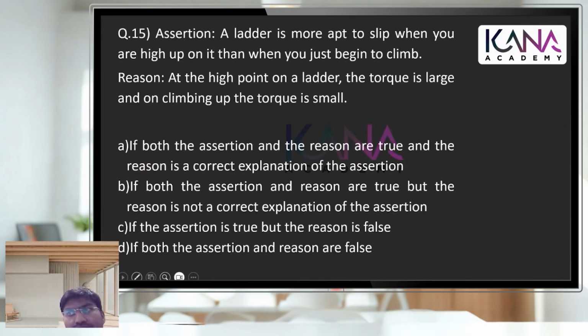Okay, it's an assertion reason based question. Here the assertion says that a ladder is more likely to slip when you are high up.